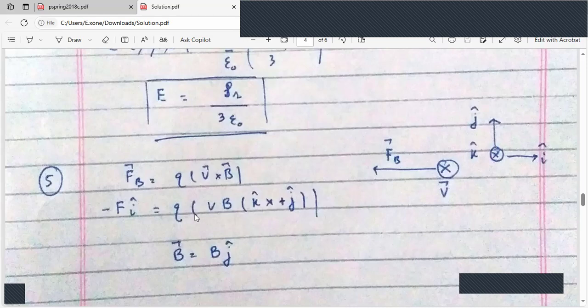In order to have the magnetic force negative along the x-axis, the magnetic field, we could see, should be upward in order to make this cross product negative. So the answer is that the magnetic field would have direction upward.